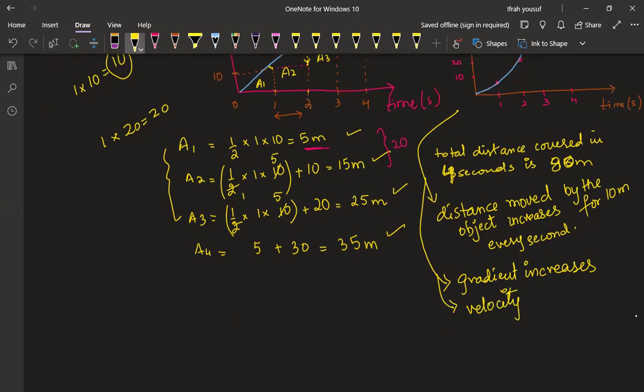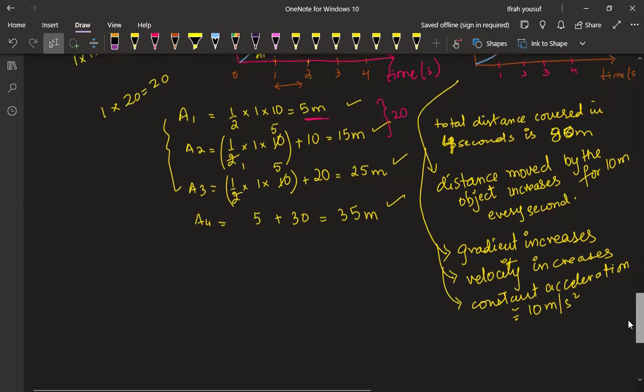Since the gradient is increasing, that's why velocity increases, right? And here constant acceleration is there. Constant acceleration is there. That is approximately 10 meter per second square. So I hope there is no confusion now. Okay, clear?